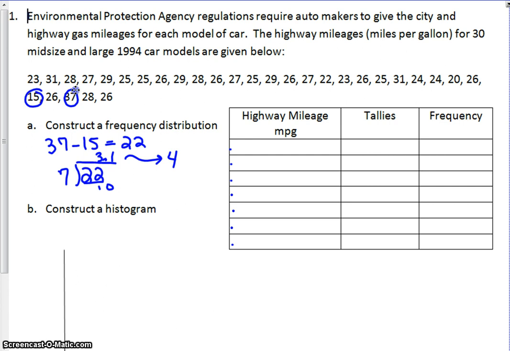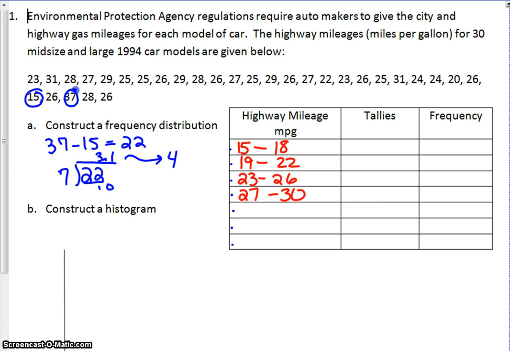Now we start with 15 and increase it, and there are 4 values: 15, 16, 17, and 18. So this actually goes 15 to 18. This one would be 19 to 22. Then we go 23 to 26, 27 to 30.